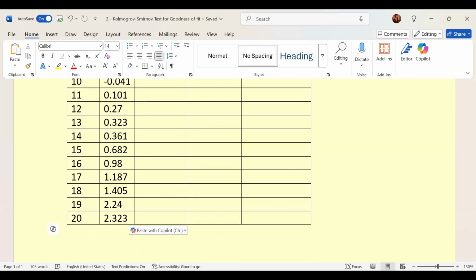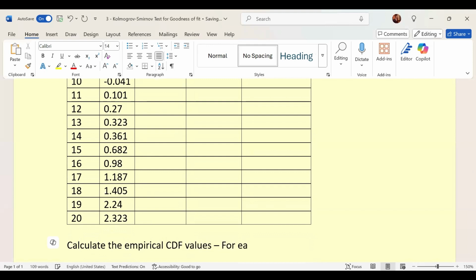Now we have to calculate the empirical CDF values.